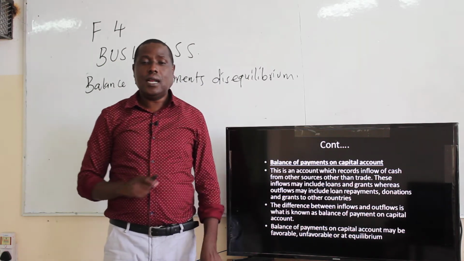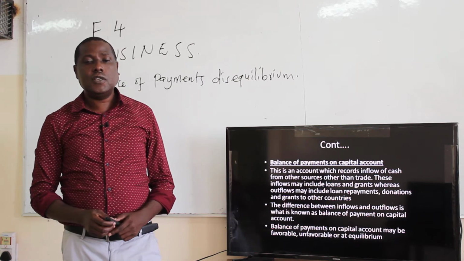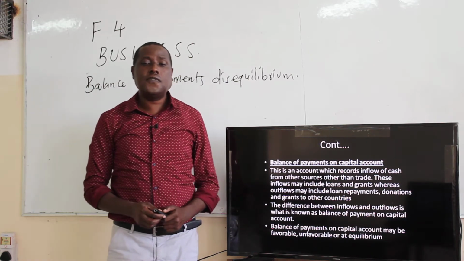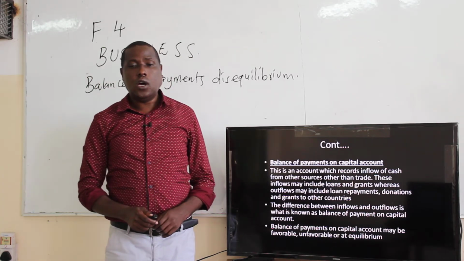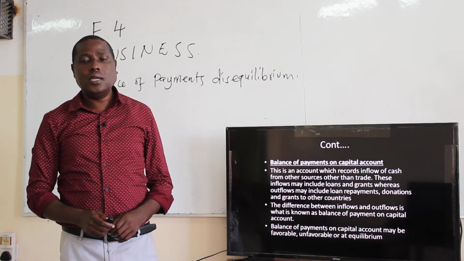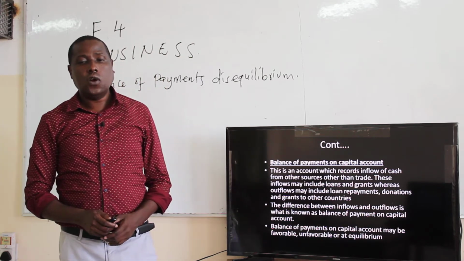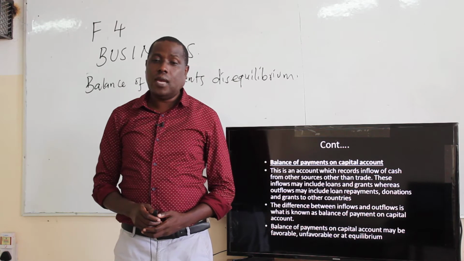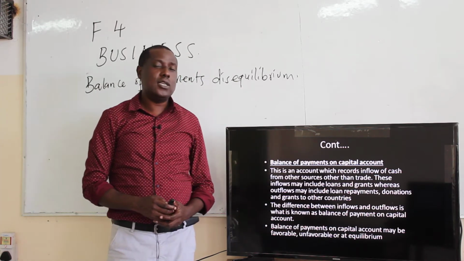Now, this is an account which records inflow of cash from other sources apart from trade. Now, these inflows may include loans and grants, whereas outflows may include loan repayments, donations, and grants to other countries.